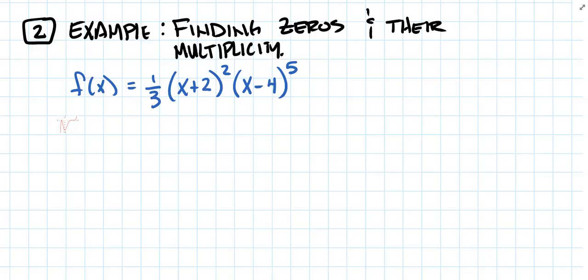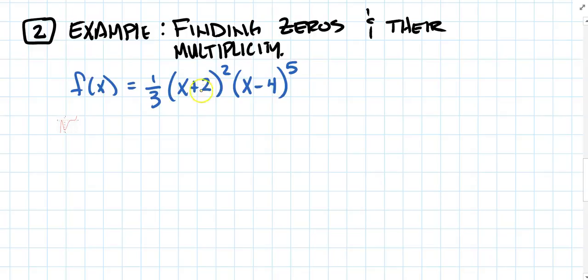This example is going to illustrate how we can find the multiplicities and their zeros. Right now, I have a function: 1/3 times x plus 2 all squared times x minus 4 to the fifth. This function is in factored form, meaning it's not been multiplied out.